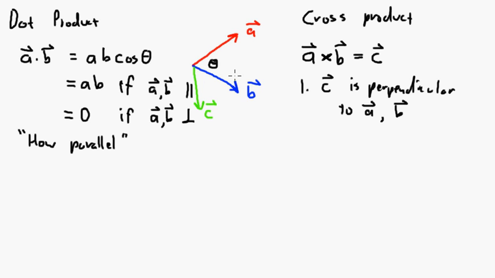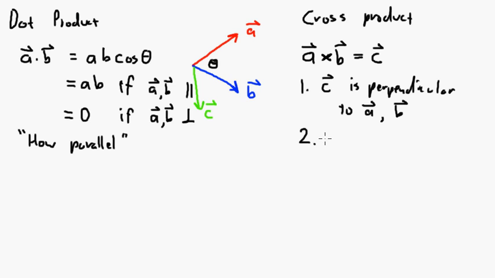Now, two vectors together define a plane. Think about your xy plane. You take any two vectors in that plane, and you can add them up in different combinations to find any point in that plane. So any two vectors can define a plane. So the cross product of those two vectors is going to point in the direction that is perpendicular to the plane.